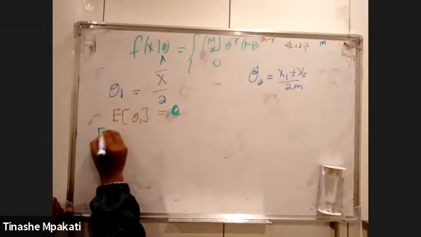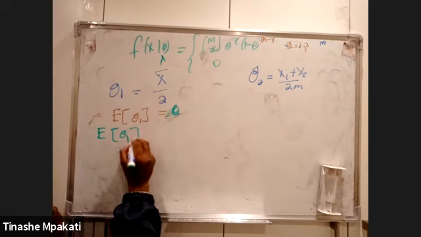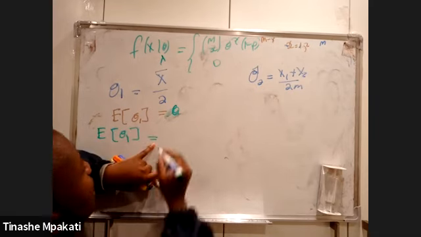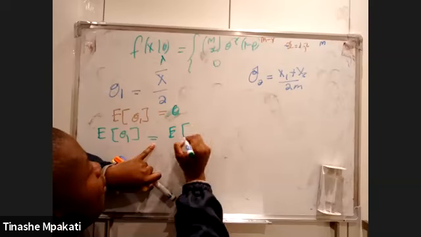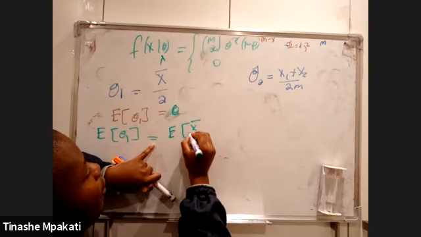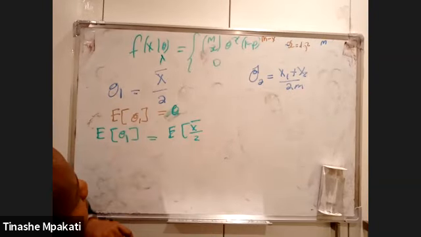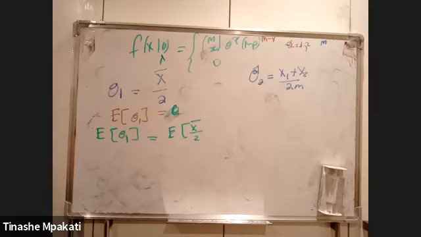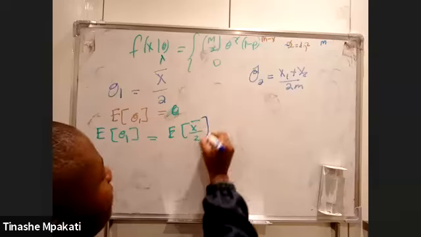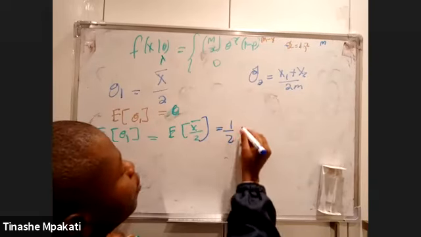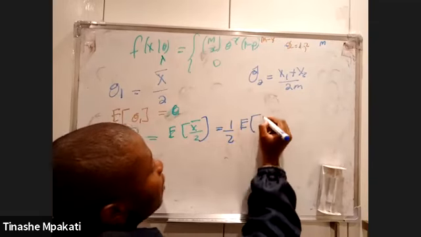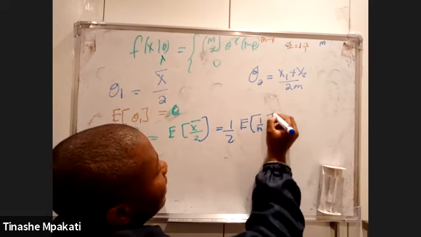So now the expectation of our theta 1 here will simply be equal to what? The expectation of x bar over 2, right? This here will be equal to 1 over 2, the expectation of your 1 over n sum of xi, like that.